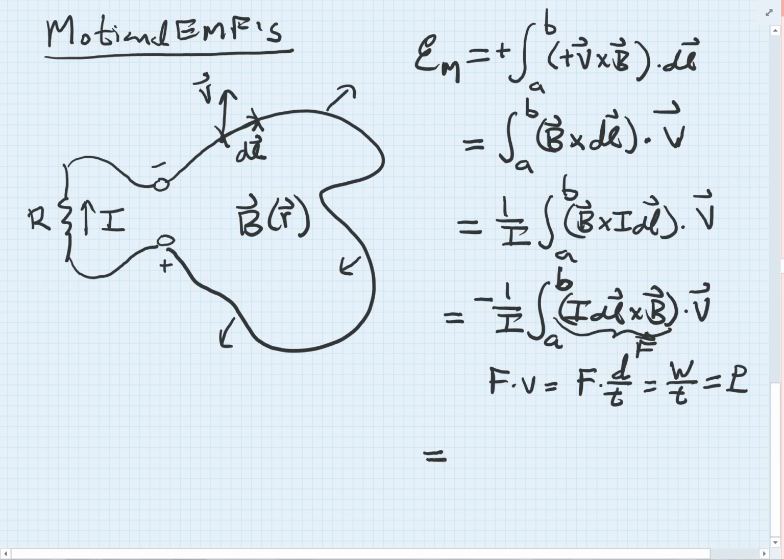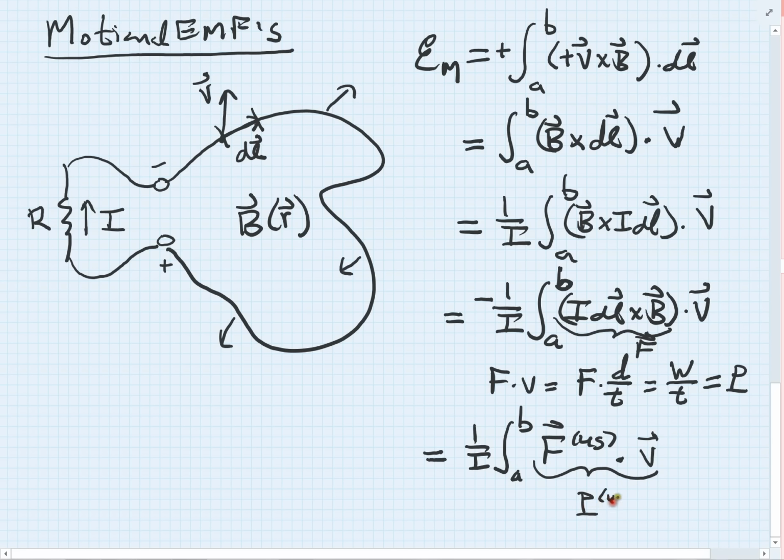So what we have is 1 over I. The minus sign comes inside because now we're talking about the force that we have to apply in order to move the wire the way it's moving, because we have to counter the external forces on it, dotted with the velocity of the wire. But this is just the power that we are putting into the system.